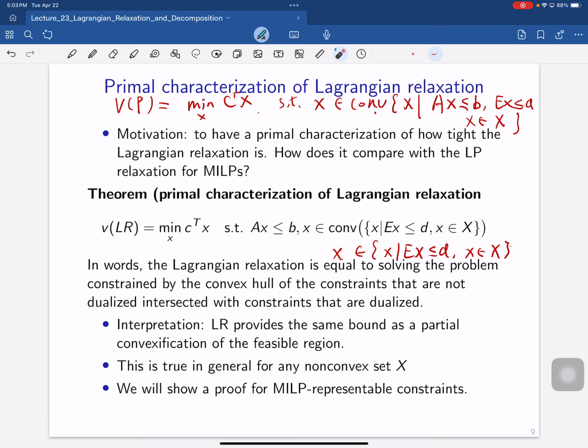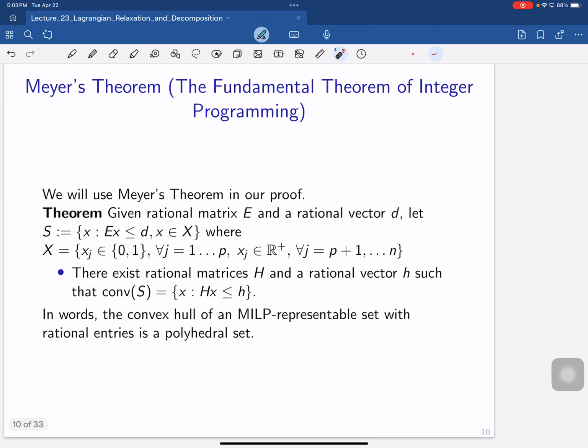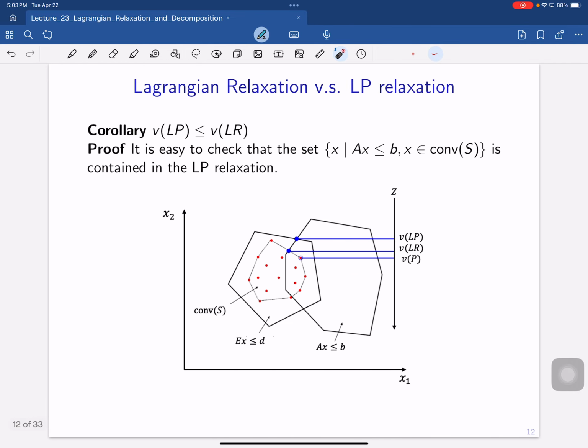So this is a case where you are convexifying the whole feasible region, compared with partially convexifying a subset of constraints. Of course, convexifying the whole feasible region gives you a tighter relaxation. So this is the intuition. Let me show you a geometric intuition on this problem before showing the proof.